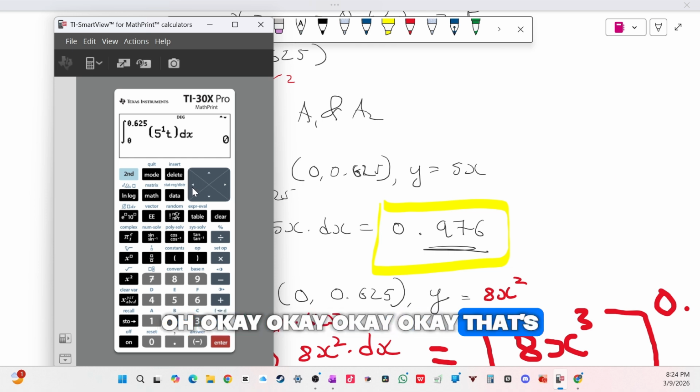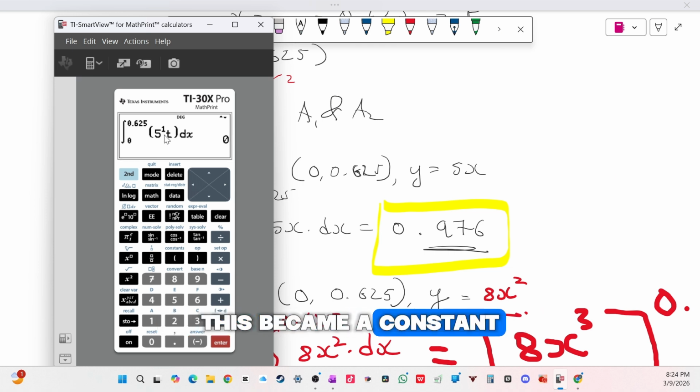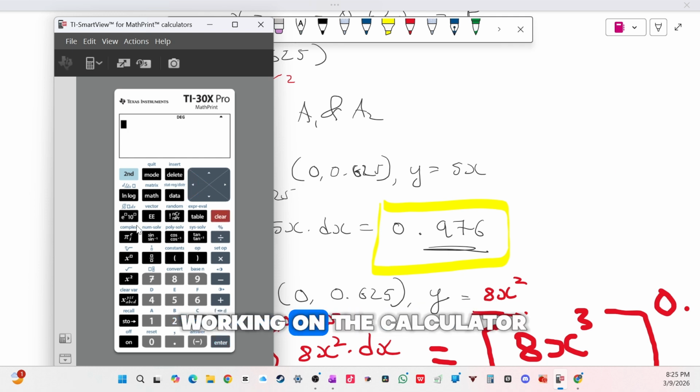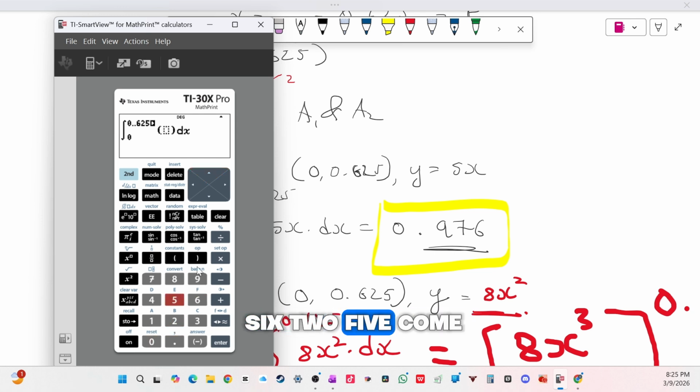Oh, okay. That is a mistake I made. This became a constant, and then you're doing the whole thing for the integral of 1. Makes sense. That is why we have to keep on working on the calculator. So you have to be comfortable to communicate with it. Second, with integral starting with 0, click on the top, 0.625, come over here, and there we are going to put our 5 times x.